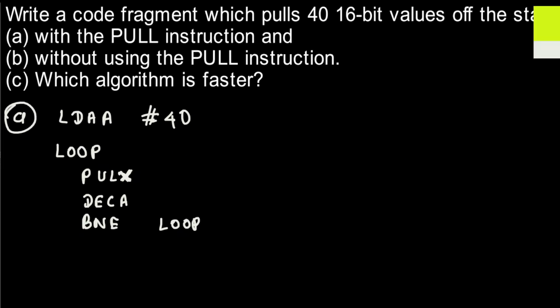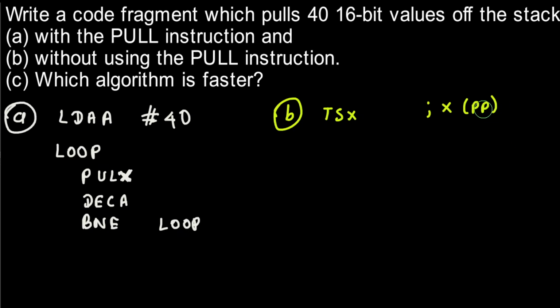And without using the pull instruction we can also do that. We can do that by using the stack pointer. So how do we do that? First we transfer the stack pointer to X, TSX. Initially the stack pointer, SP, is at location 0001.